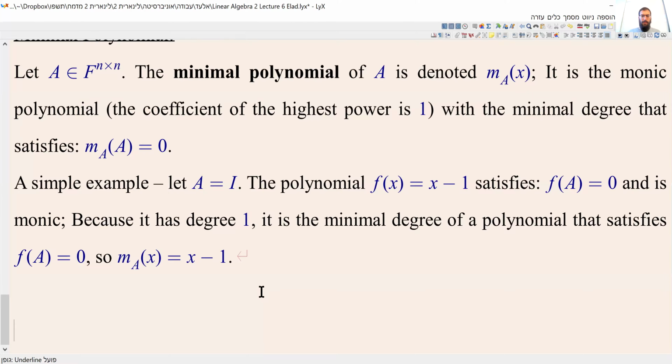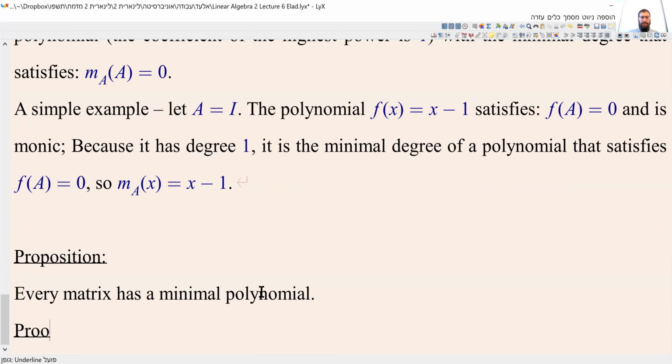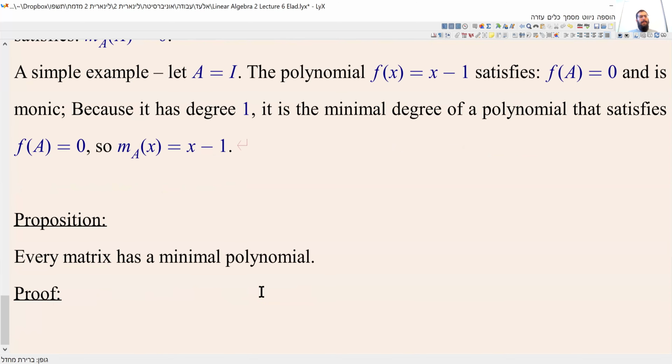So a proposition, claim, whatever. Proposition: every matrix has a minimal polynomial.